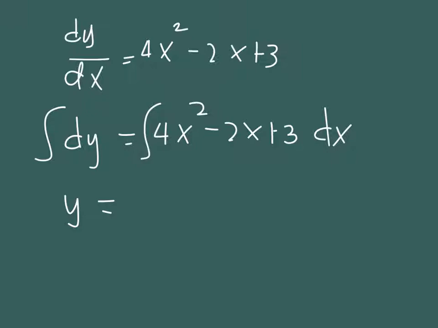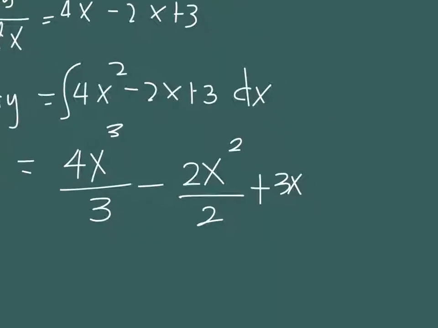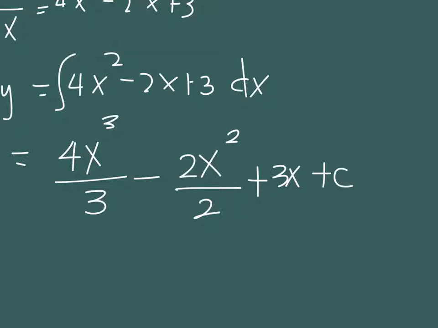So 4x squared, magkakaroon ng plus 1 yung 2, kasi nagdi-derivative kayo eh, over 3. Minus 2x, na 1 before, 1 plus 1, so 2, and then over 2, plus 3x, and then there is this plus c.